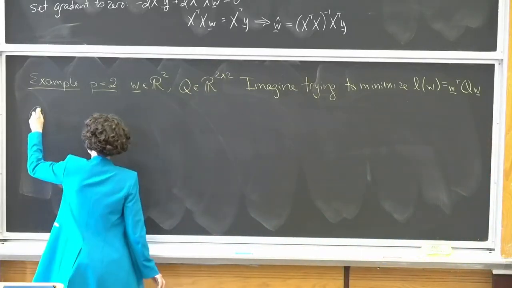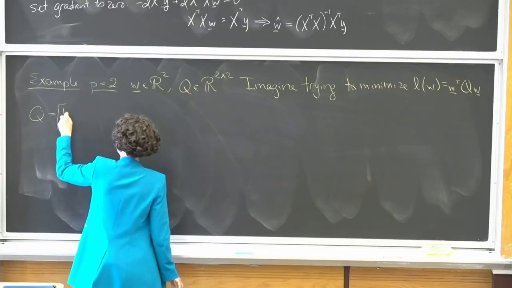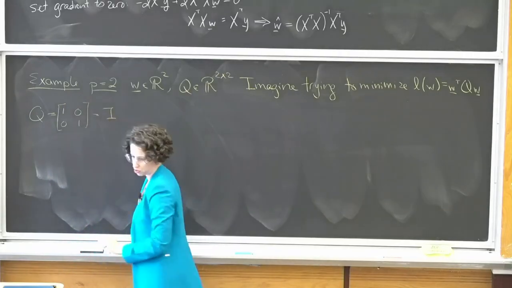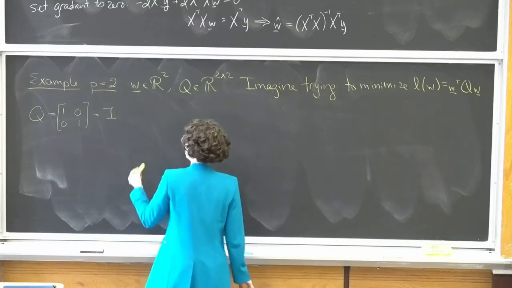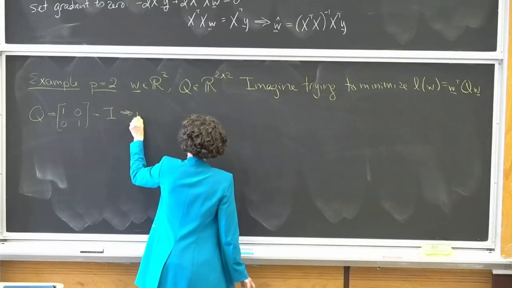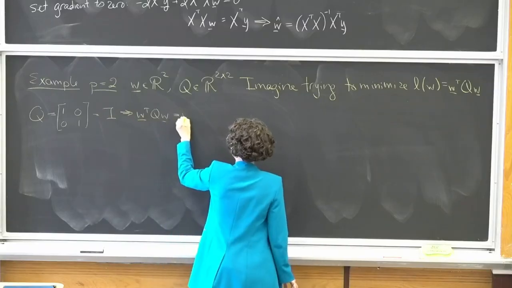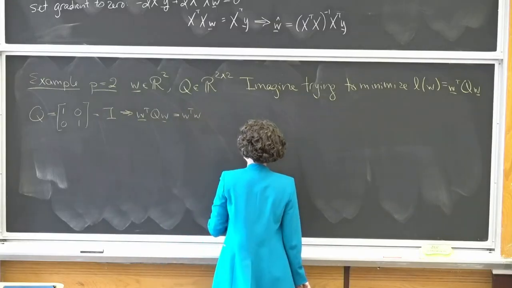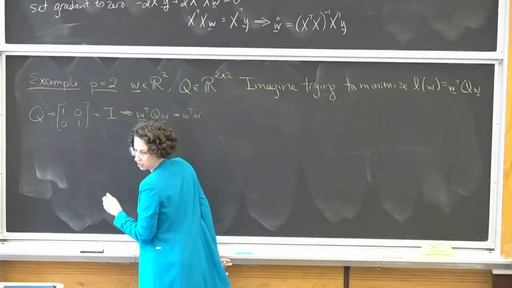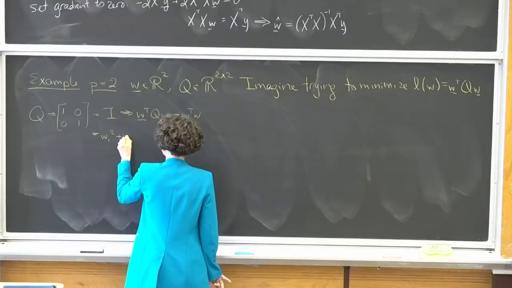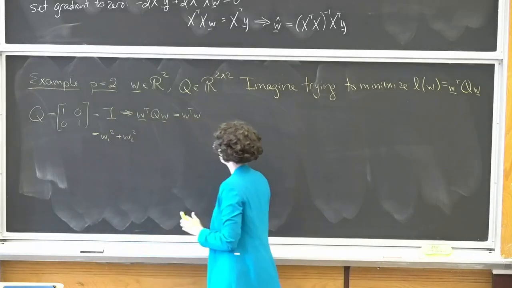So, for instance, we could have Q being equal to 1, 0, 0, 1, just an identity matrix. And so, for this case, W transpose QW is simply going to be W transpose W, or W1 squared plus W2 squared.